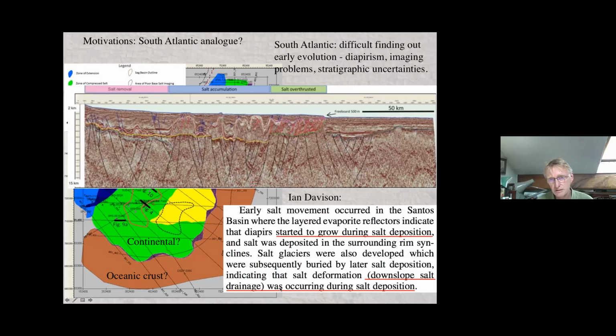So there are big differences, I think. But what we can do is look at the Red Sea, investigate the structures, and where we see things that are interesting, maybe we can use that knowledge when we go and investigate higher resolution seismic data sets and so on from these other margins.